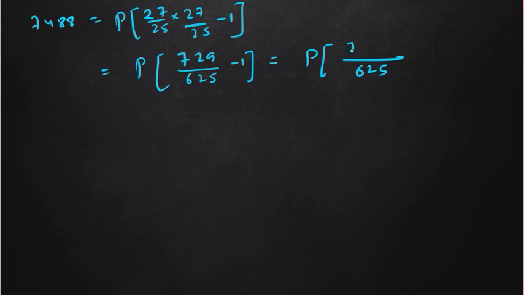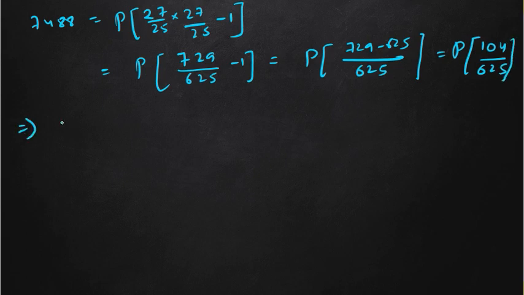If you take the LCM, it will be 625. So 729 minus 625 gives P into 104 by 625.